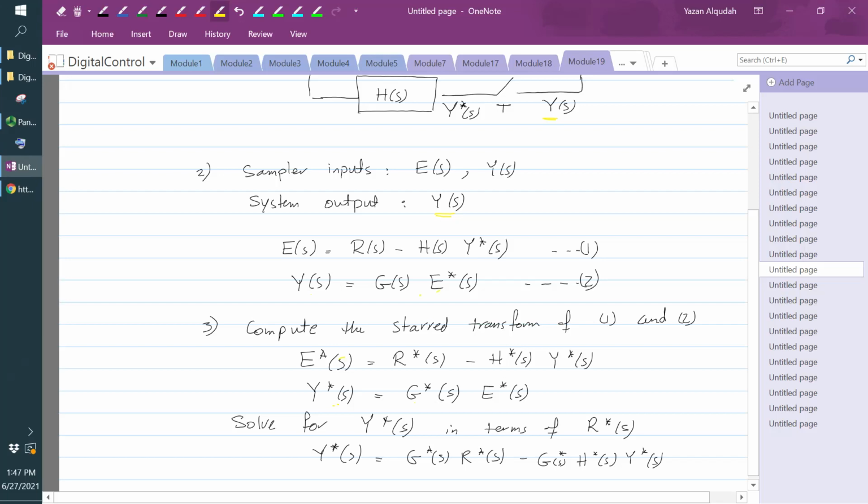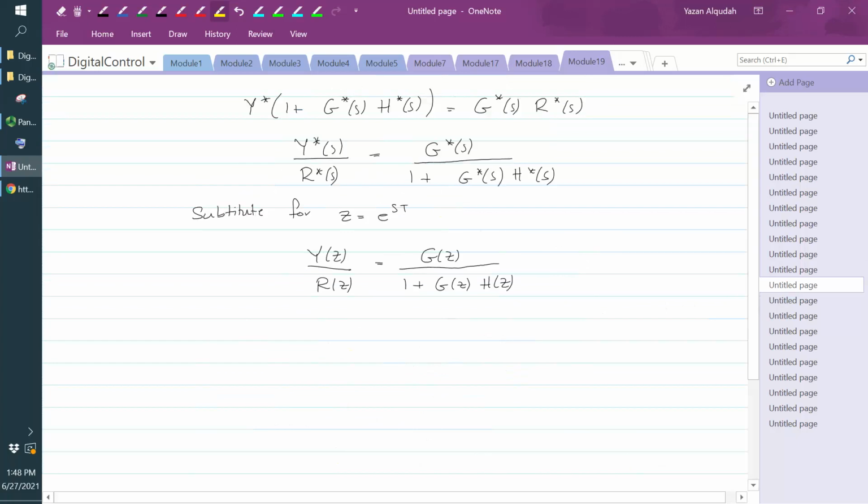Now we can solve for Y star and express it in terms of R star. So Y star is going to equal G star, and I'm going to substitute for E star with the expression from this equation. So I'm going to get G star multiplied by R star minus G star multiplied by H star multiplied by Y star.